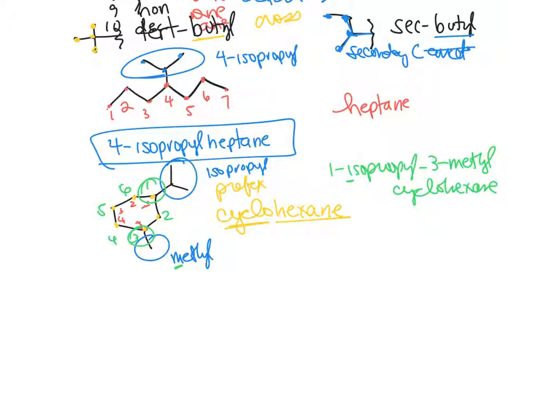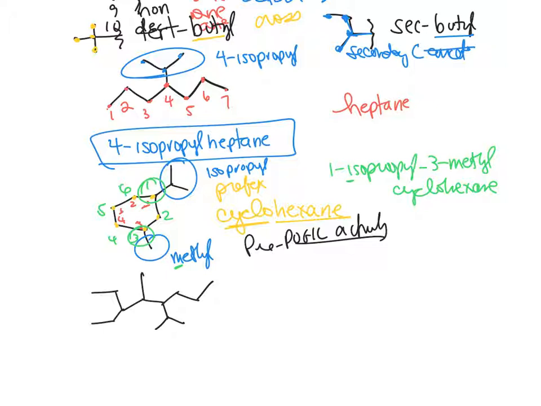Okay, so I will give you an example. We'll work on this example and then I will give you your pre-POGIL activity. So let's try to draw this one. In fact, this will be your pre-POGIL activity. So your pre-POGIL activity due tomorrow is to give me a name for this compound here.